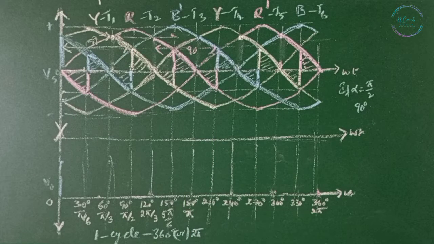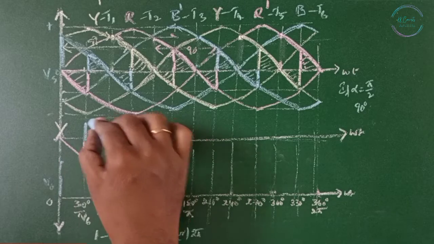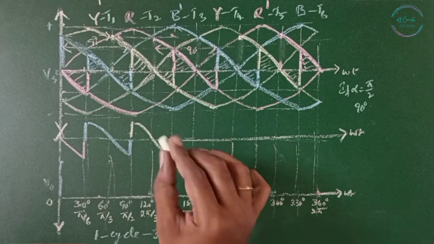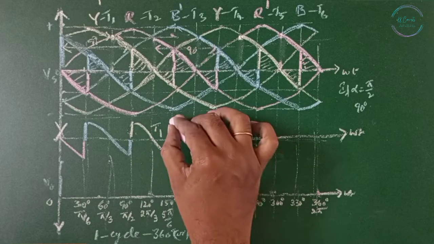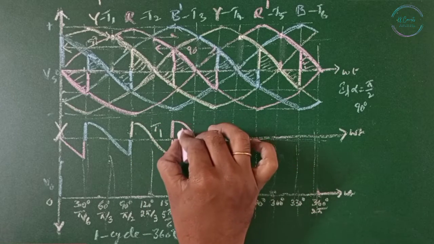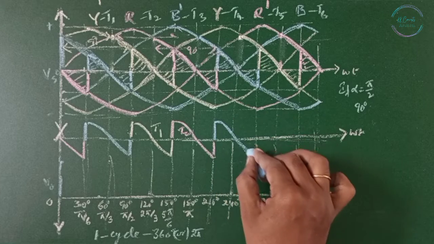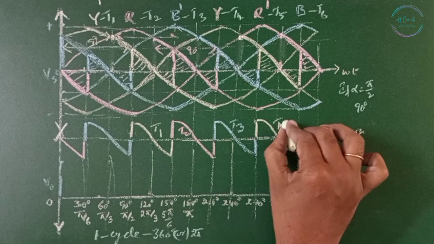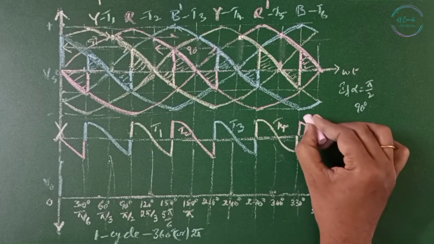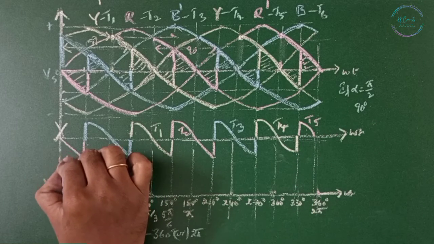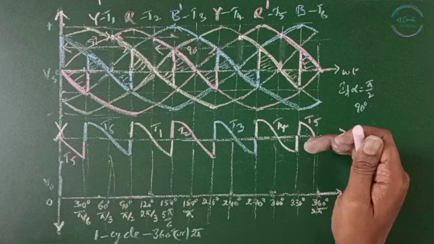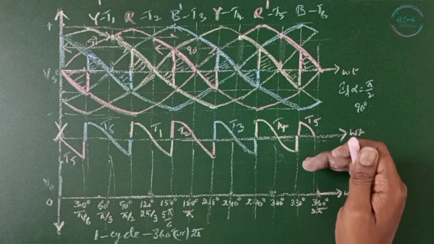Now let us redraw that. T1, T2, T3, T4, this is T5, this is also T5, this is T6, average value. I'm shifting this line from here to here.